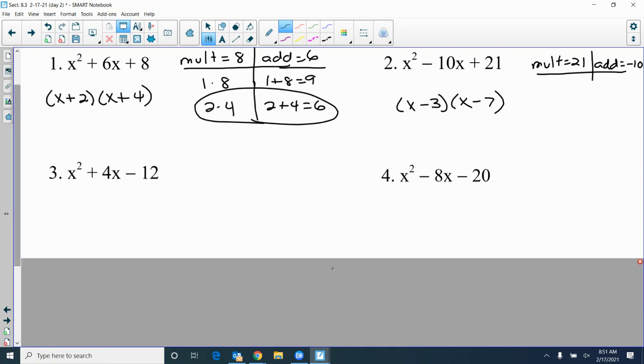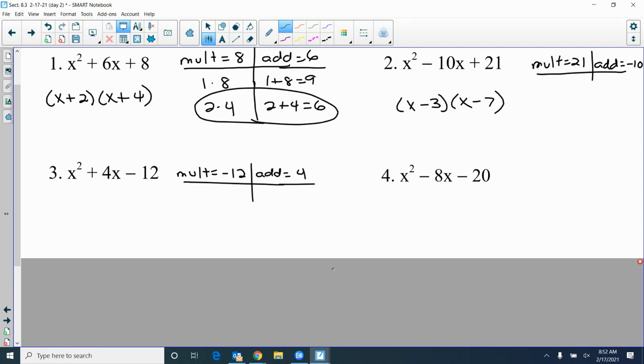If this last number is a negative, they multiply to equal -12 and add to equal 4. Well, the only way two numbers can multiply to get a negative is one of them is positive, one of them is negative. All right, so start with the multiplying. What two numbers, can anybody think of what numbers would work?